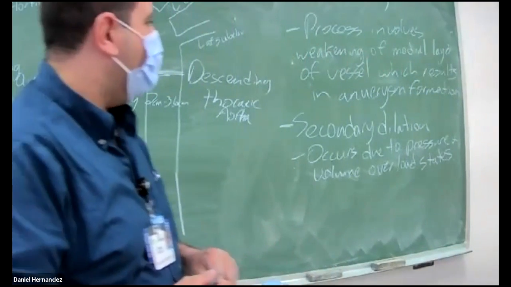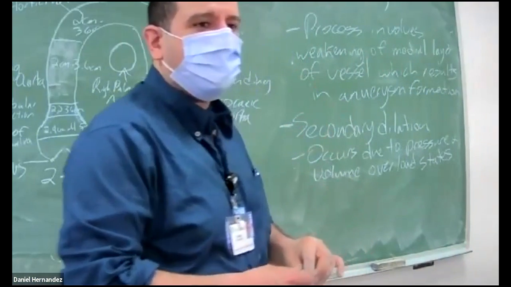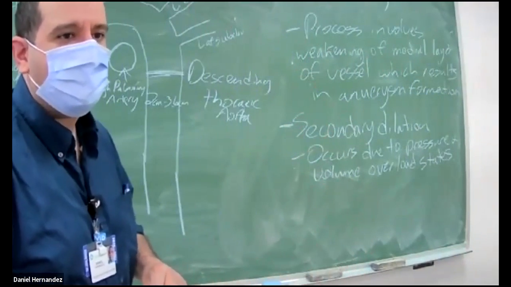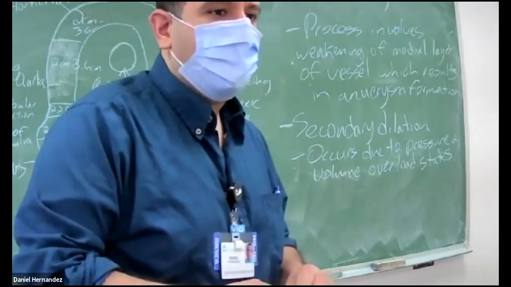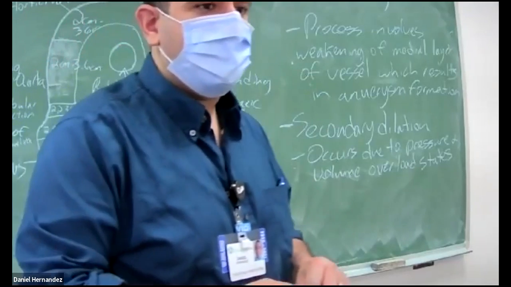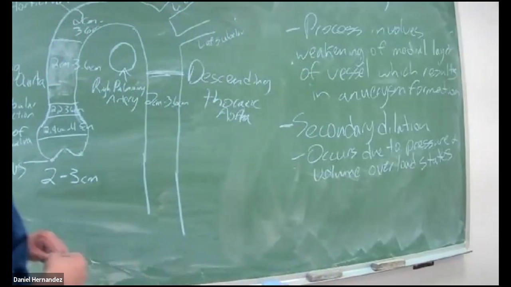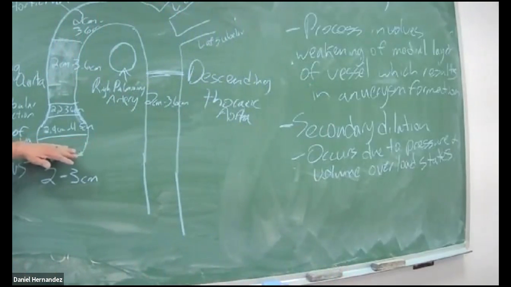Our primary aneurysm, when we're talking about Marfan syndrome, is more likely to involve the sinuses and the ascending aorta, so an aneurysm at the level of the sinuses going up into the proximal ascending aorta.